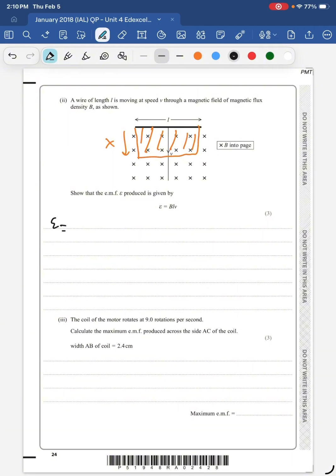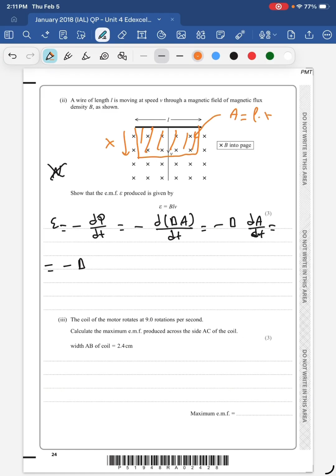again. So E is minus d phi over dt. We drop the N, we don't need it because this is not a coil, it's just a rod. So this is equal to minus d of BA over dt. B is constant, so it gets outside of that. So minus B dA over dt. And now what's the area? The area is simply L times X, that's why I made this rectangle. The area it cuts through.